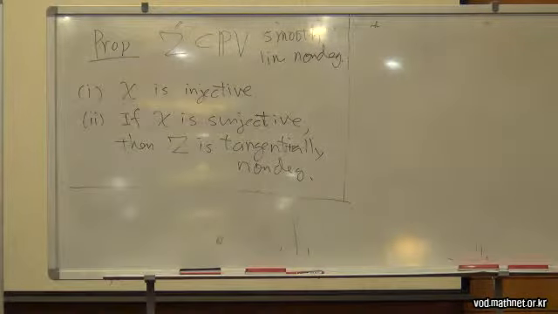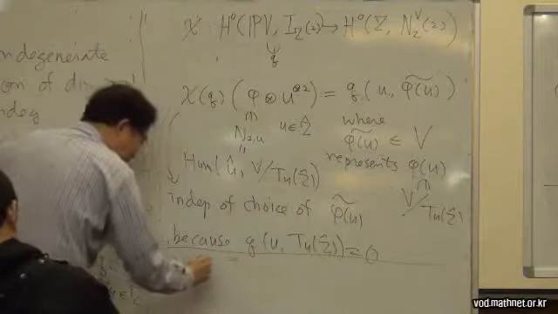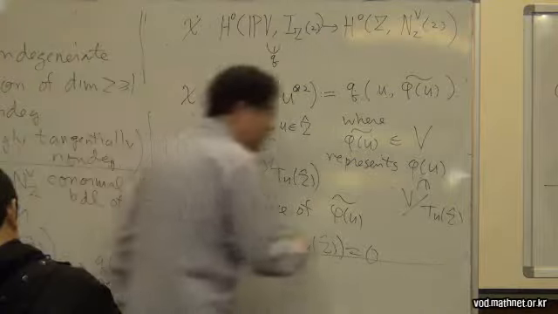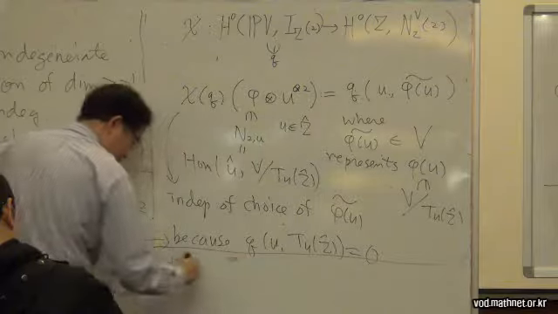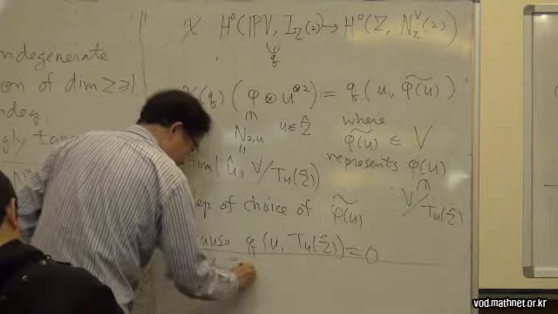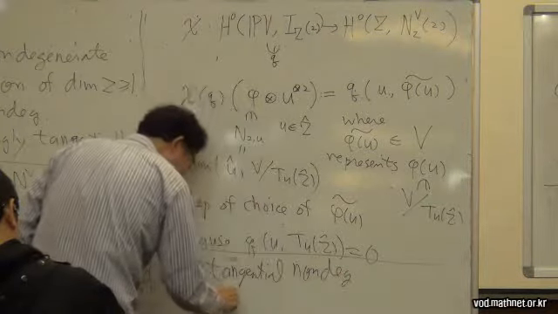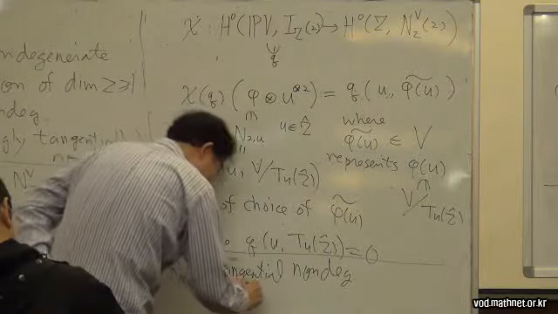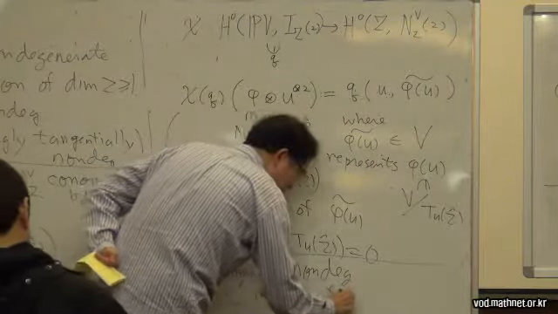Now this is a remark for those who want to look at this more. It's not directly related to this, but the remark is that tangential non-degeneracy is, I think, related to what people call injectivity of the Weyl map.